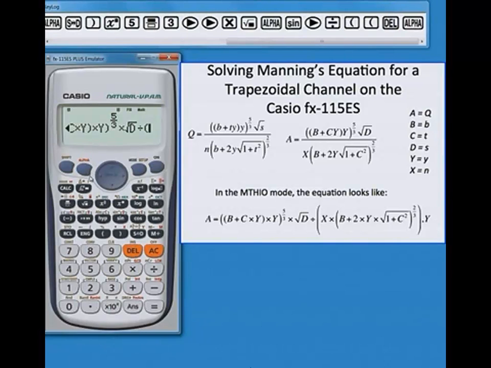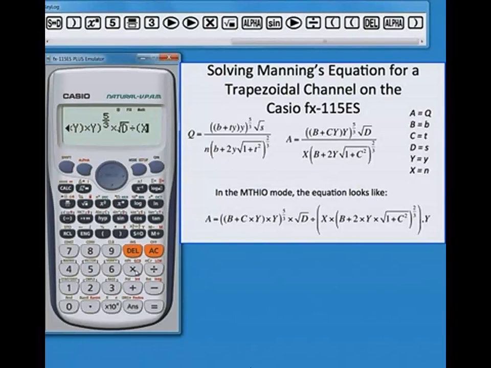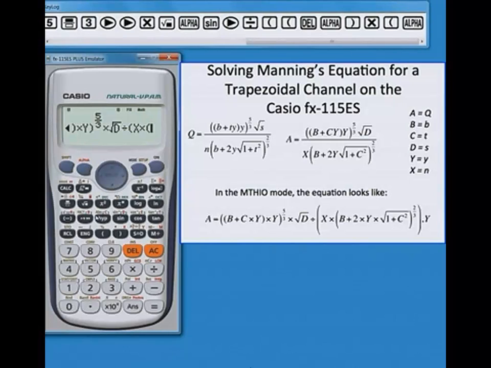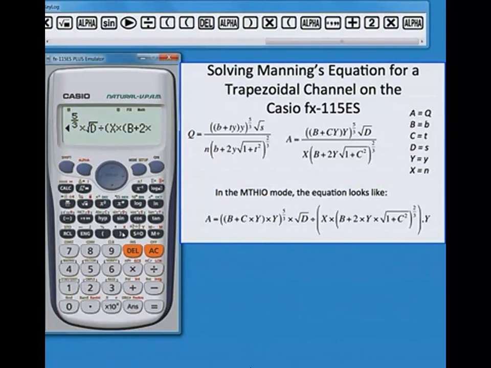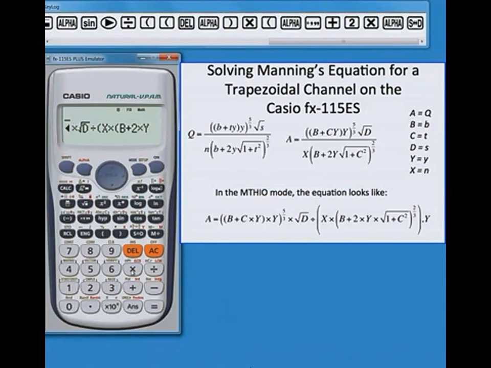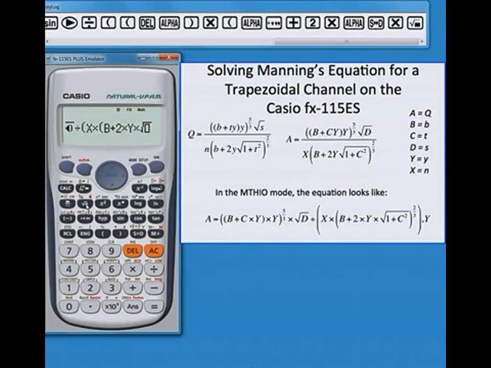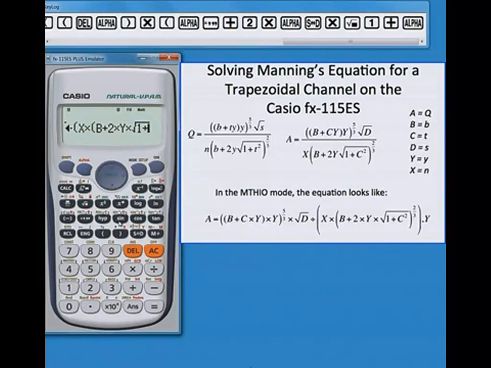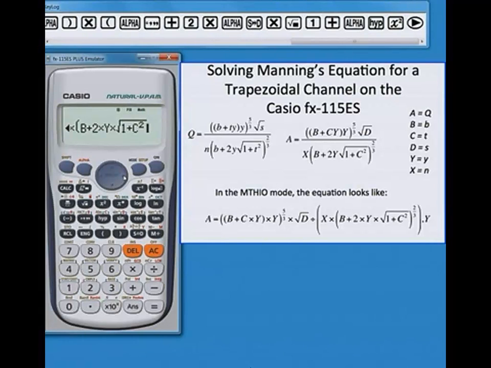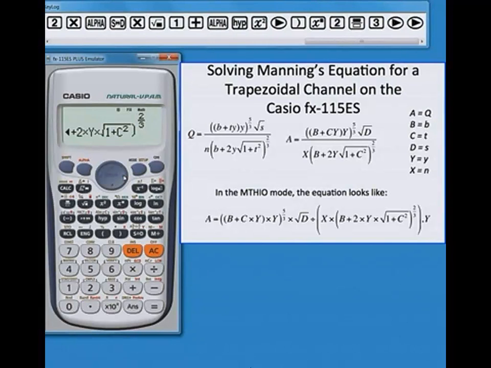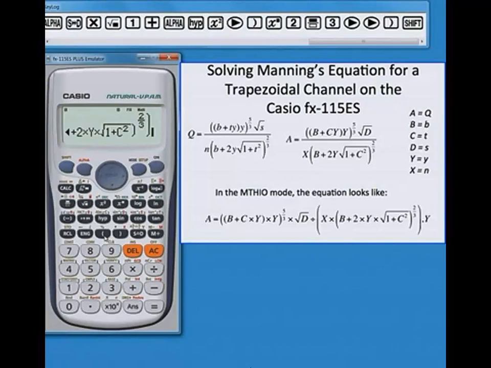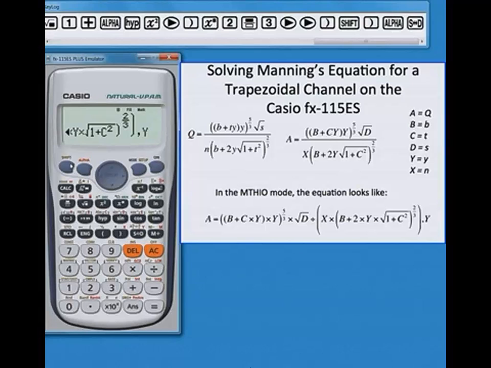X, which is being used here to represent variable N, multiply that by left parentheses B plus 2 times Y times the square root, and again I'm in the Math I/O mode so I can make it look pretty much like the original equation, 1 plus C, which is being used to represent T, squared, and get out from underneath the radical, close the parentheses, raise that to the 2/3 power, get out from away from the exponent, close the parentheses, and say comma Y, which is shift right parenthesis alpha Y, and hit solve, which is shift calc.